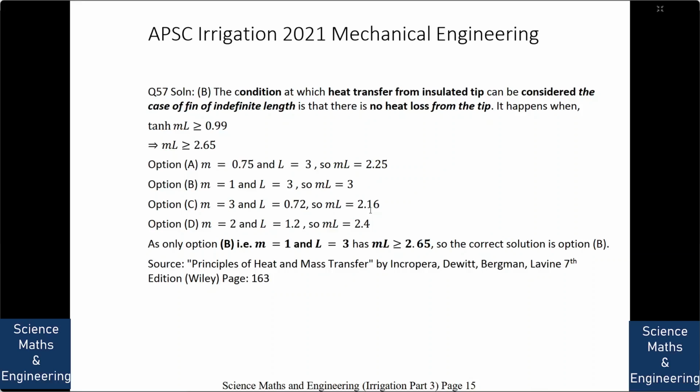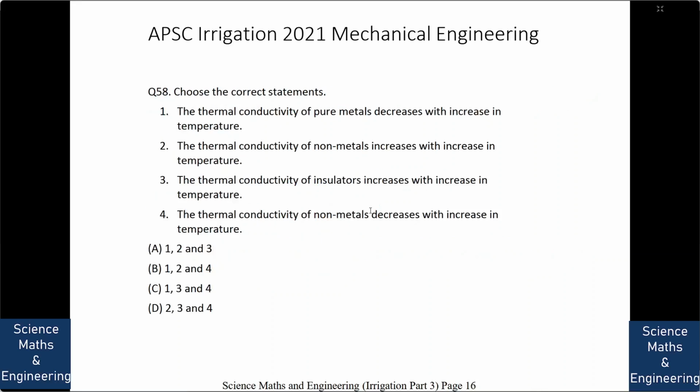So we'll go to the next question. Choose the correct statements. 1. The thermal conductivity of pure metals decreases with increase in temperature. 2. The thermal conductivity of non-metals increases with increase in temperature. 3.